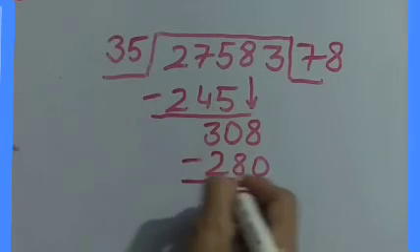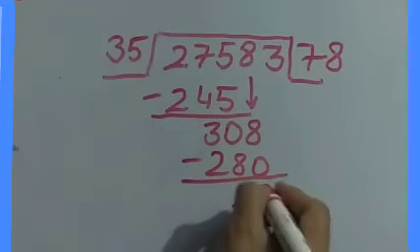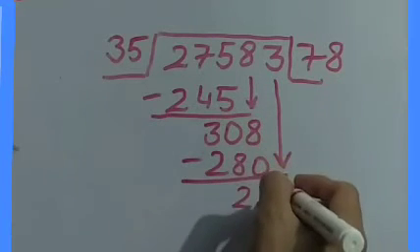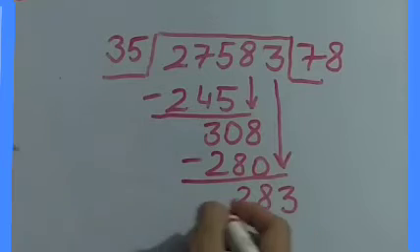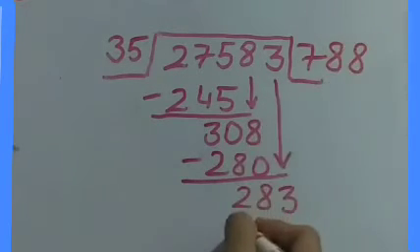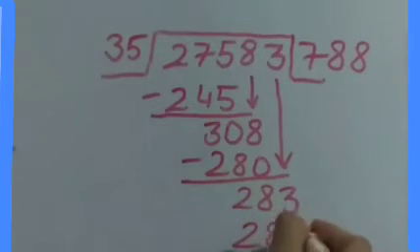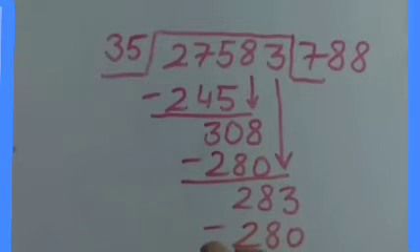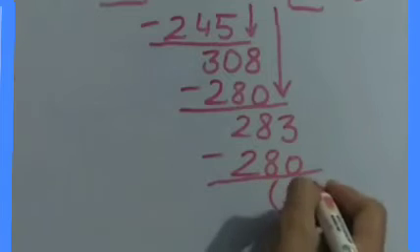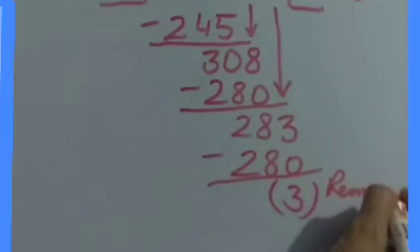So 280 subtracted from 308, remaining is 28. Now I'll carry down 3 right over here. So it becomes 283. Now again 8 times. So 35 8s are 280. So I'll subtract 280 from 283. 3 is the remainder.